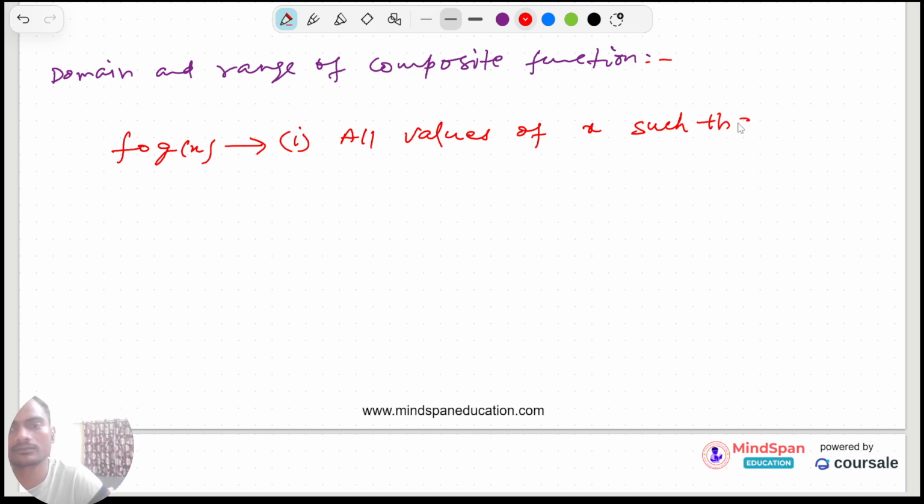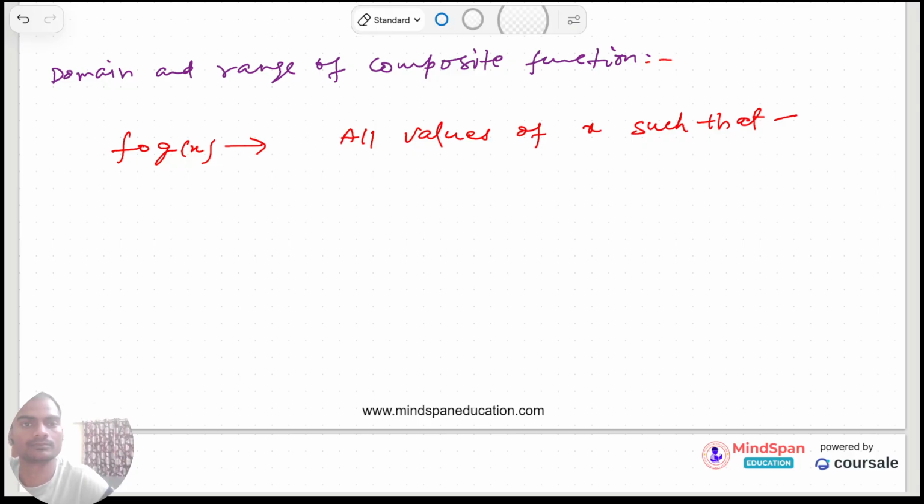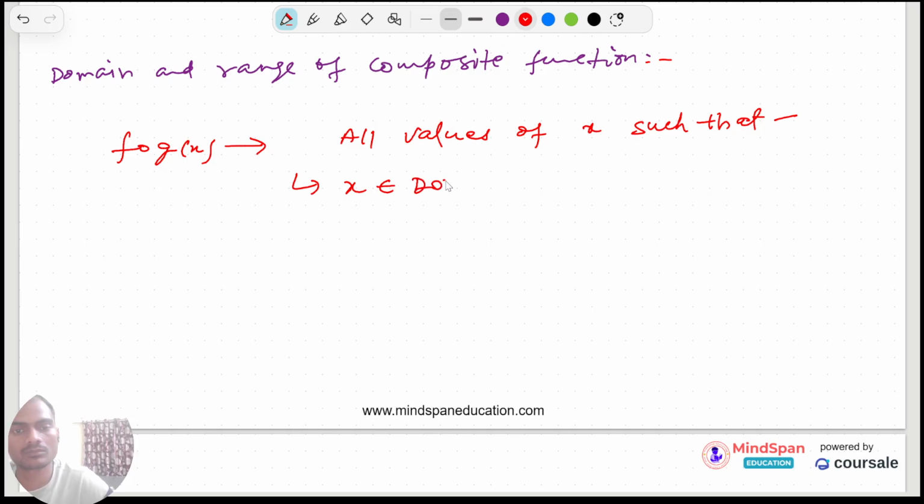Okay, all values of x such that it should follow, first thing, x should be part of the domain of g, right? Otherwise g will break. The first place where we are putting x is g, right?